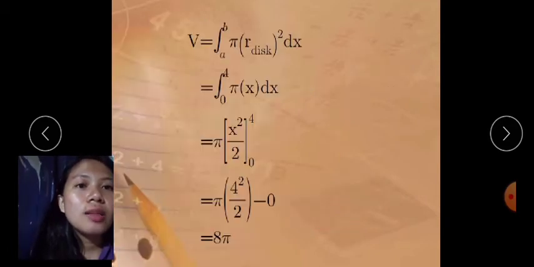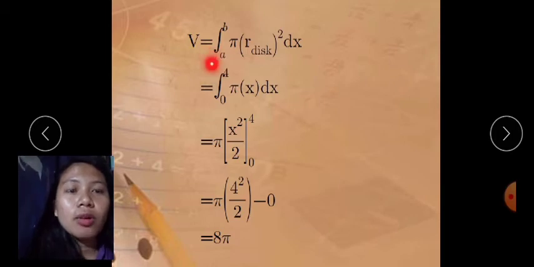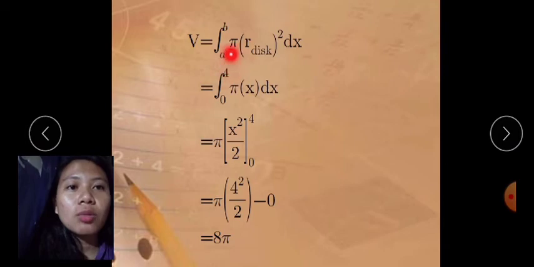Next, we can apply the formula of this method. The volume is equal to the integration from a to b of pi r d squared dx, which is equal to the integration from 0 to 4 of pi times x.